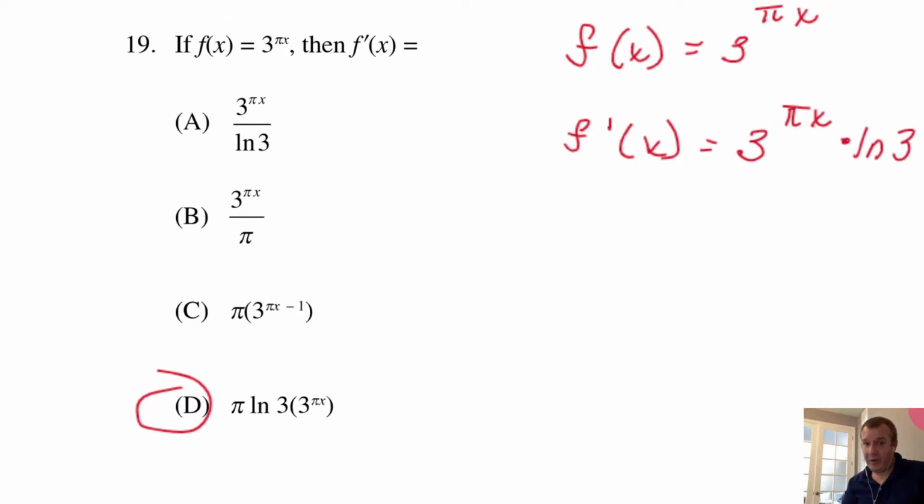Yeah, right away, I'm looking at my answers. I am done at this very moment, for real. I just have to find the derivative of the pi x exponent, but already, D is the only one that's going to have the natural log of 3, the 3 to the pi x, and then the derivative with the pi. Now, don't forget to look at your answers. But the chain rule means that we have to account for it.